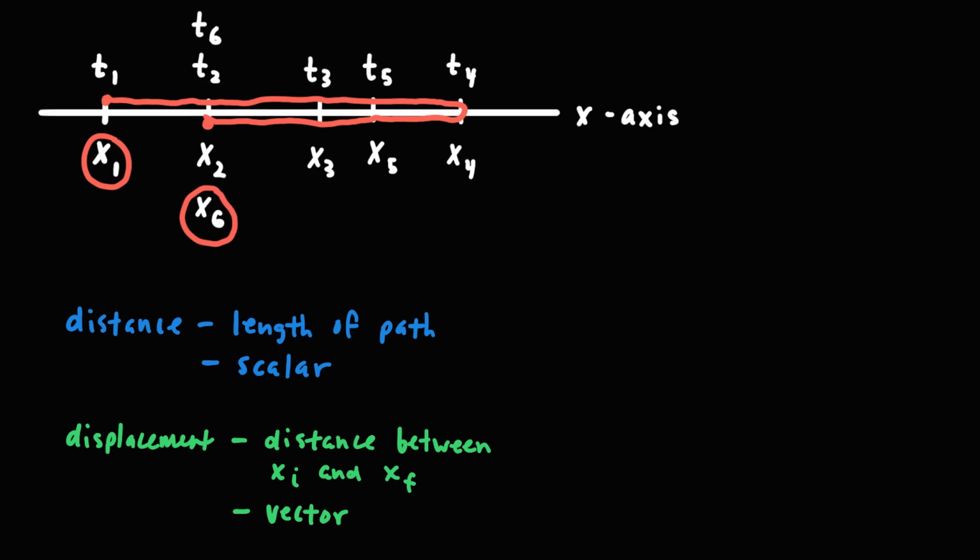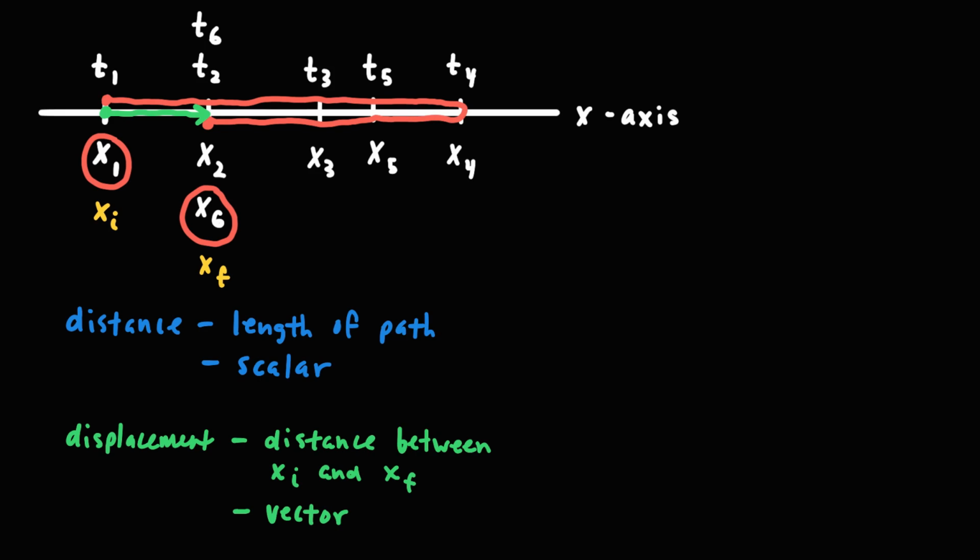If I let the initial position in this diagram be x1, and I let the final position be position x6, then the displacement vector between those two positions would start at xi, and it would point toward xf.